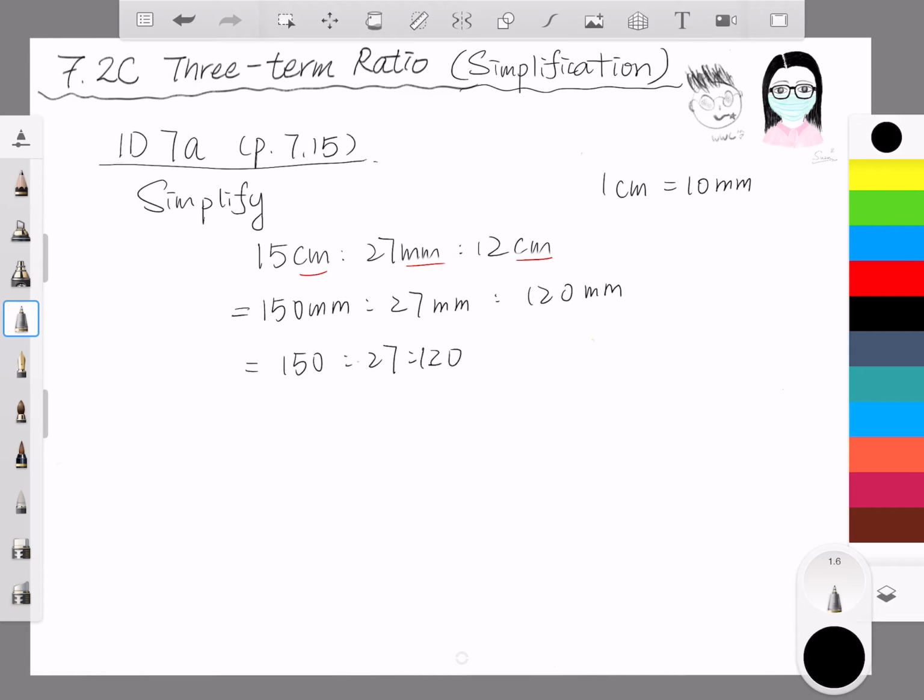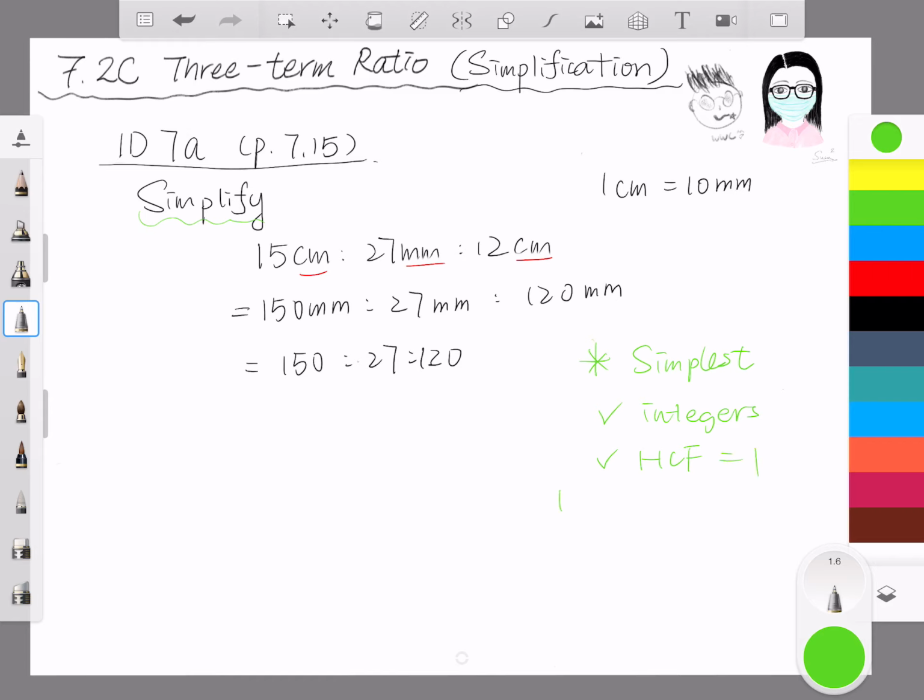But be careful, this is not the final answer, because this question asks you to simplify. It means you have to give the simplest ratio as the answer. For simplest ratios, you have to satisfy two criteria. The first one is that all terms should be integers. Yes, they are all integers. And the second one is that the HCF of all terms should be 1.